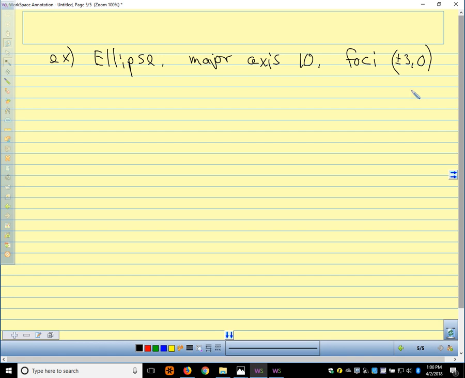What I suggest for a problem like this is draw a little picture, just like we did for our parabolas. Well, the foci are at plus or minus 3, 0. So there's a focus at 3, 0, and there's a focus, sorry, minus 3, 0. Is this going to be vertical or horizontal? Horizontal. The foci are on the major axis. So we know already it's horizontal.